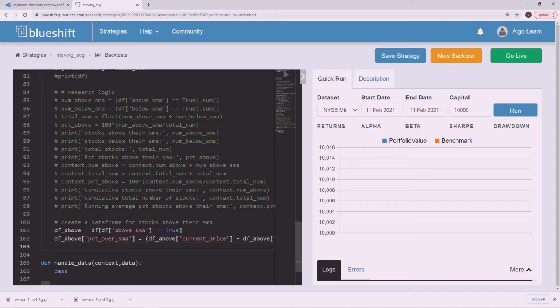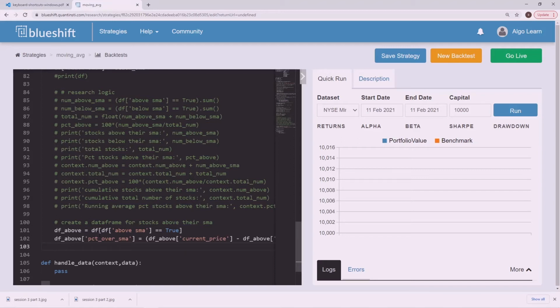I am now going to want to create a list, basically a series, and I want to rank. I basically want to rank, and I want to take the top 5 of the highest percentage, the ones that have the highest percentage above their 200 moving day average.